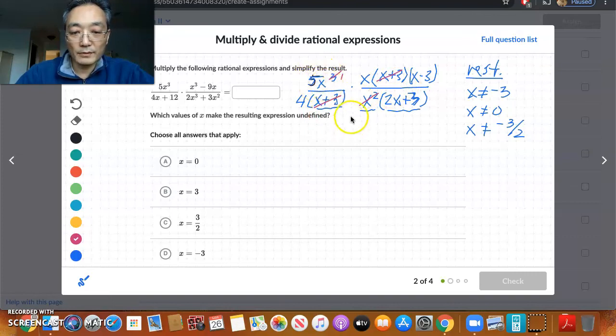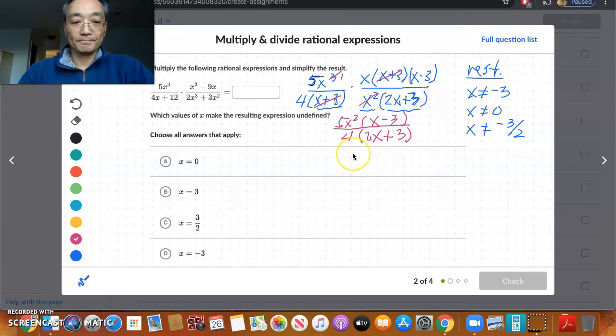So we're going to have 5x squared, sorry, it's an x here and an x here, times x minus 3, over 4 times 2x plus 3 as our simplified expression.